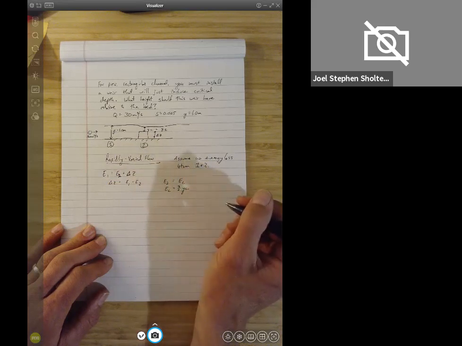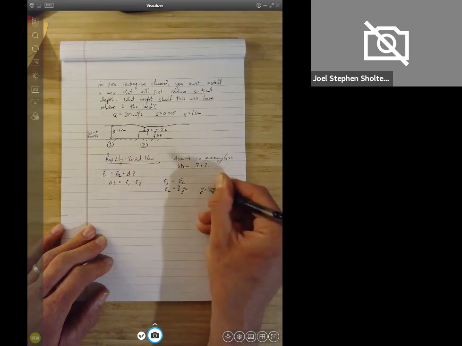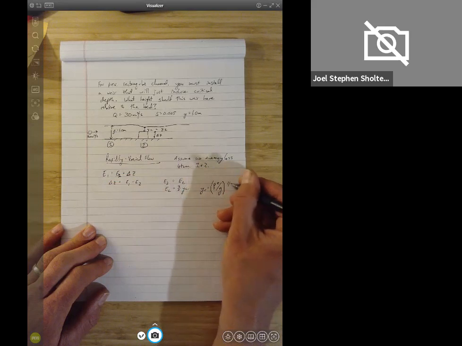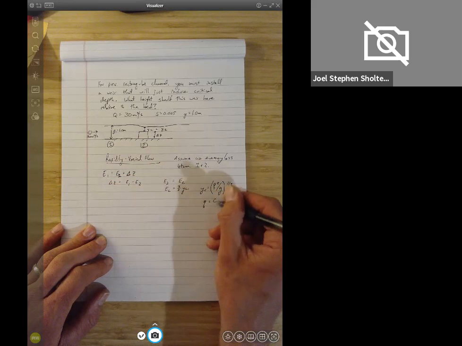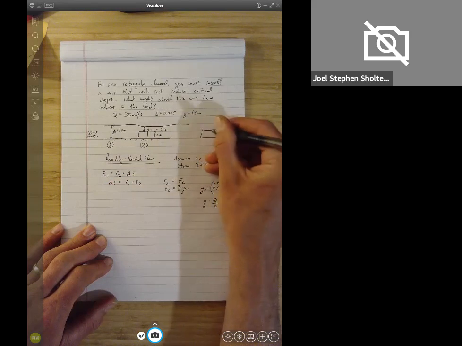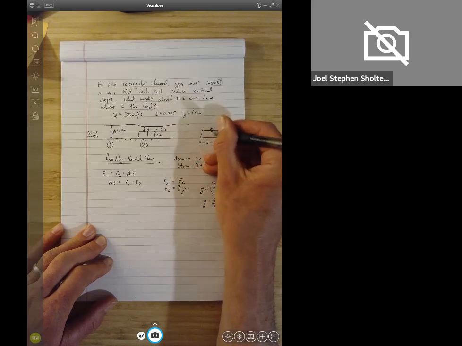Okay, that's good. But we have to calculate YC, and YC is equal to little q squared over G, to the 1/3. Little q is called the unit discharge. That's discharge over the bottom width of the channel.